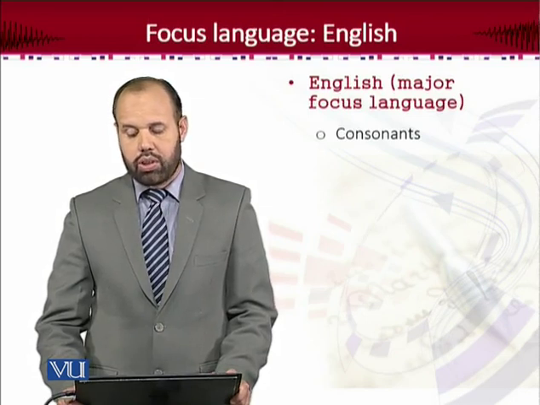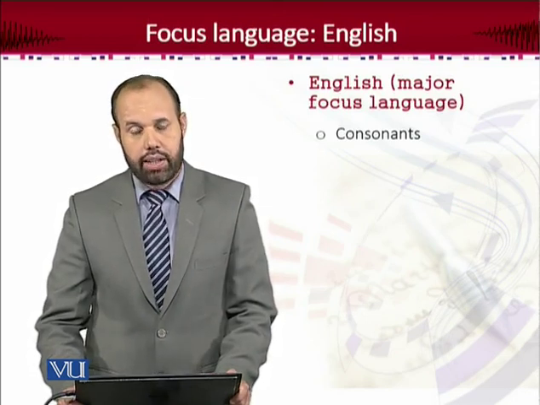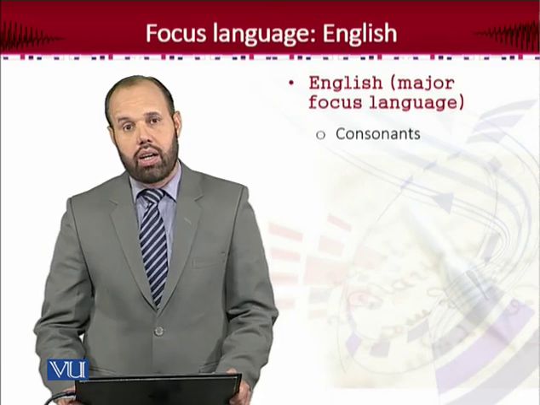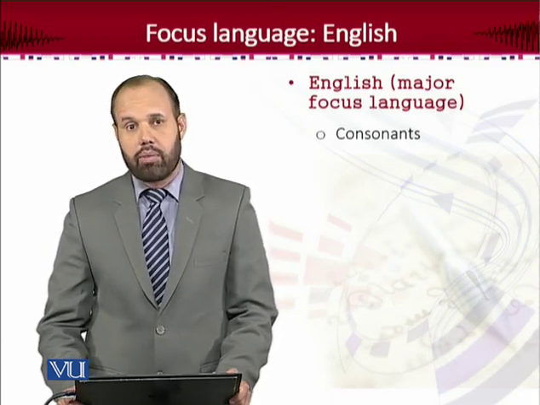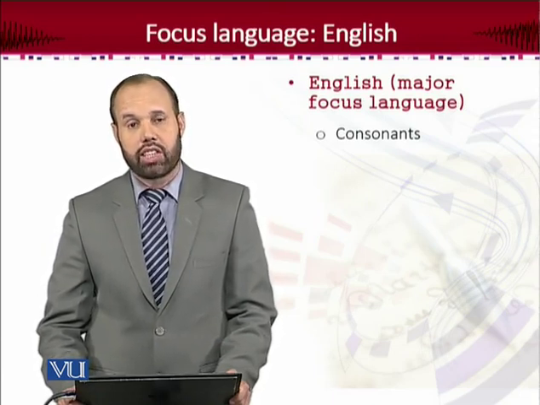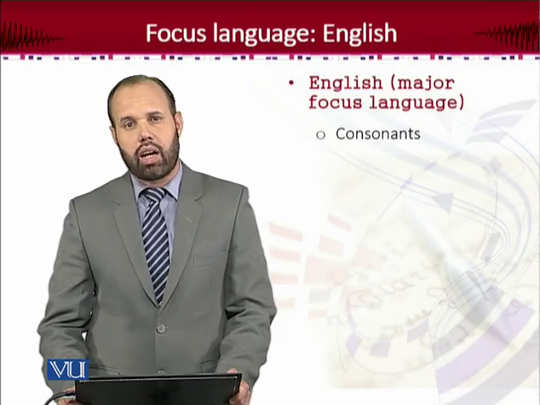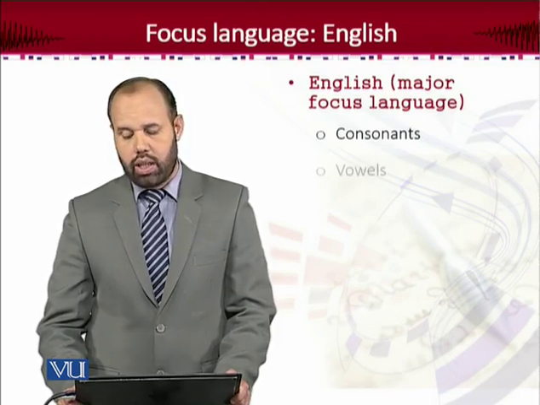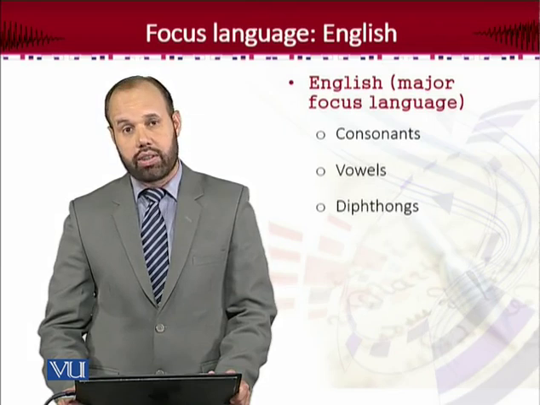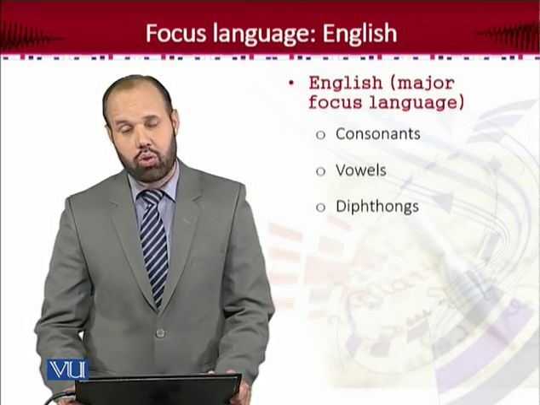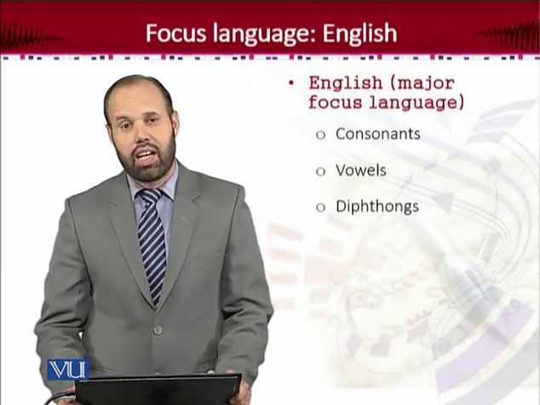Within this course, we would be using English and the sounds of English as our point for discussion and for description, right? So what we are going to do within this course is that we would be discussing consonants and vowels and also diphthongs. English consonants, English vowels, and English diphthongs.